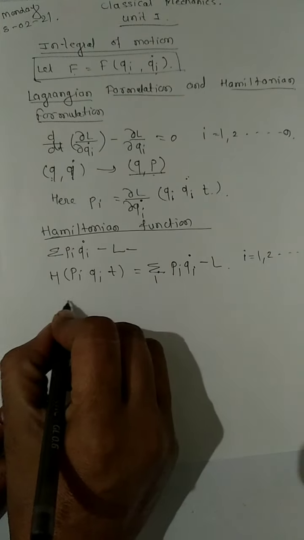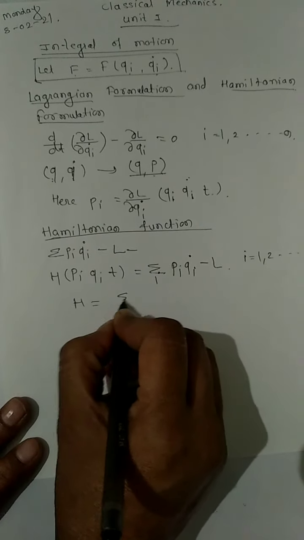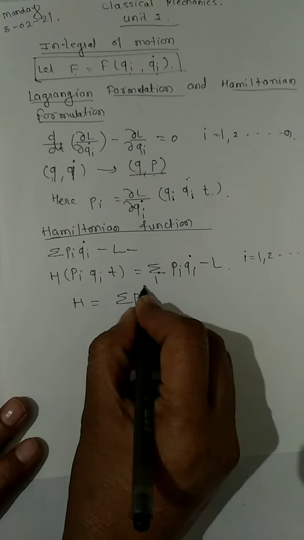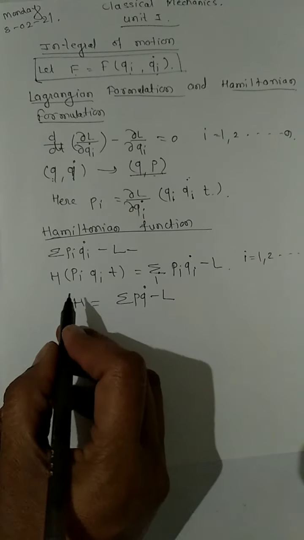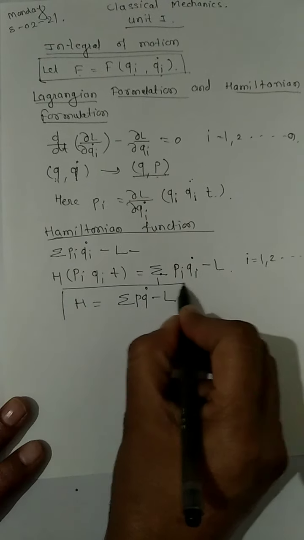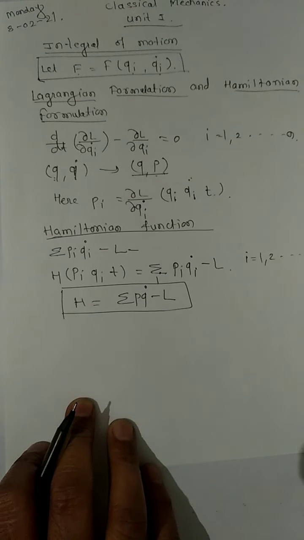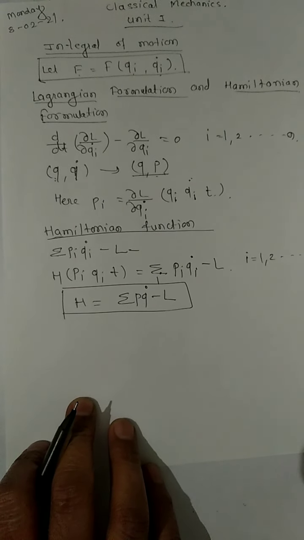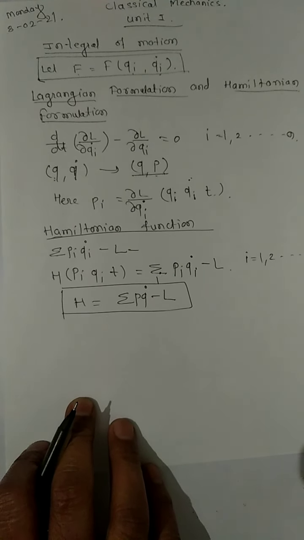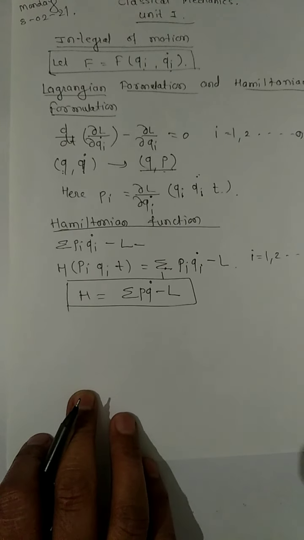That means H is equal to summation p q dot minus L. That is the Hamiltonian function. Thus, the Legendre transformation of the Lagrangian L with change of sign is the Hamiltonian H.